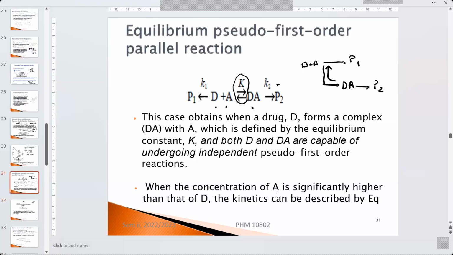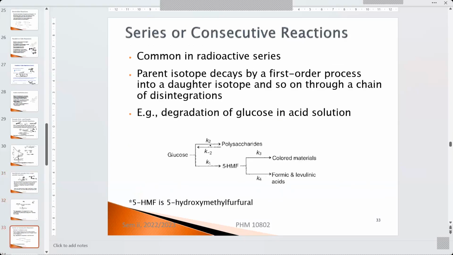Because we gave an assumption that A is significantly higher than D. So this will drive the reaction always in one direction, the forward direction, if one is significantly higher than the other. Okay, how about if A is not significantly higher than D? Then in this case the equation will be much more complicated.